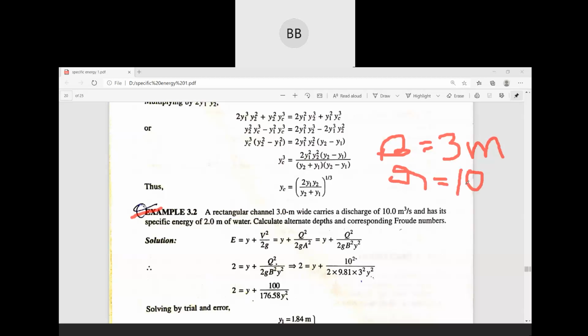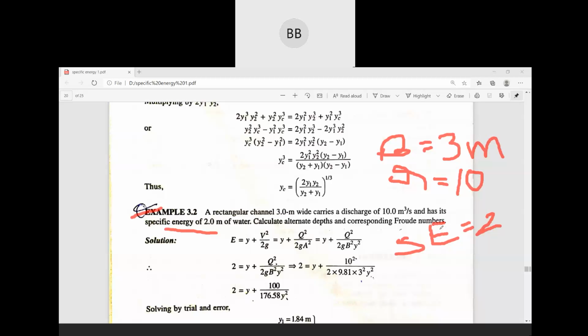Specific energy is given here, as 2 meter. Calculate the alternate depth and corresponding Froude number.